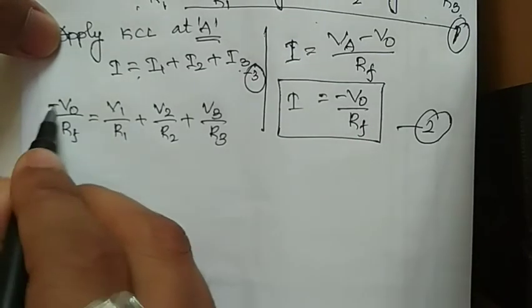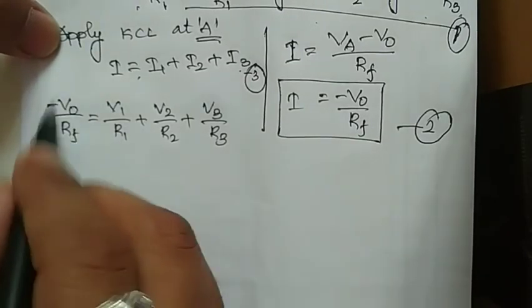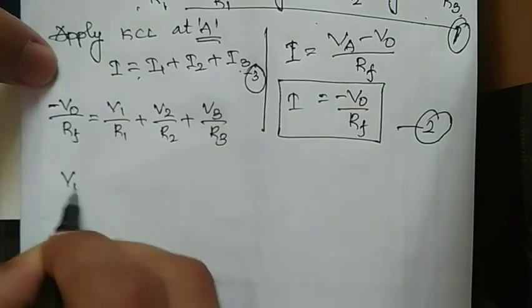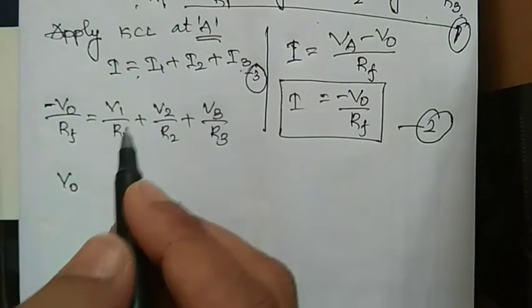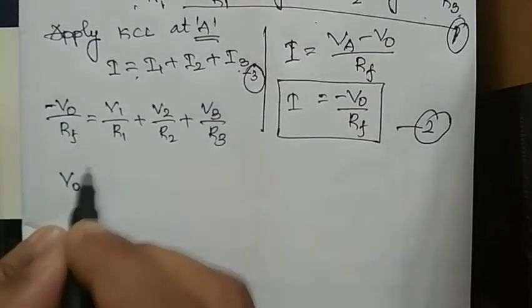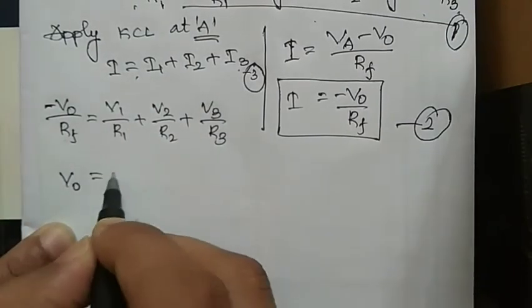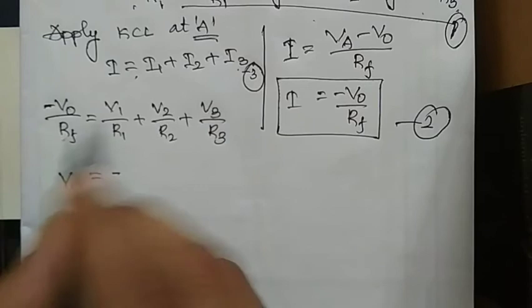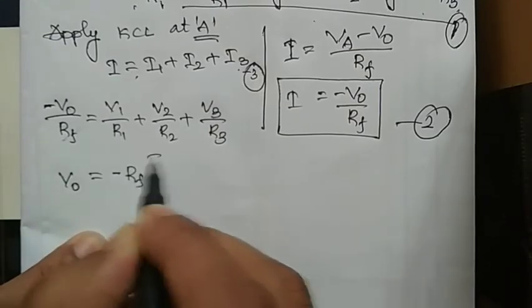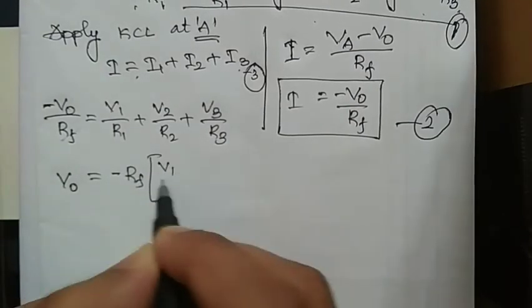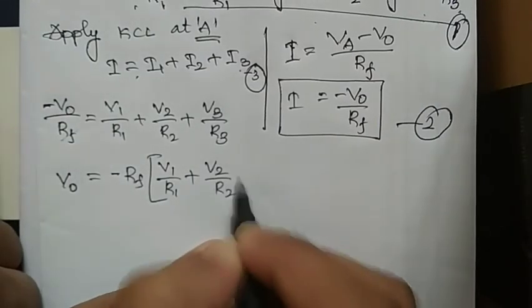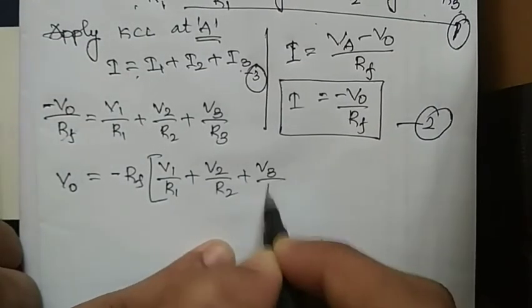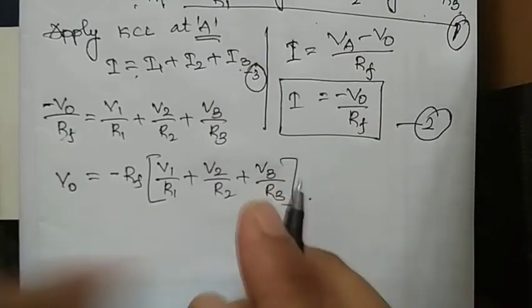We require only V0. Let me keep just V0, and the remaining parameters, the minus and RF, will be moved to the right-hand side. So V0 equals minus RF into V1 by R1 plus V2 by R2 plus V3 by R3, right?